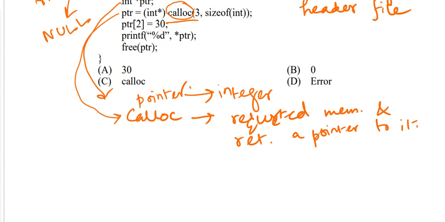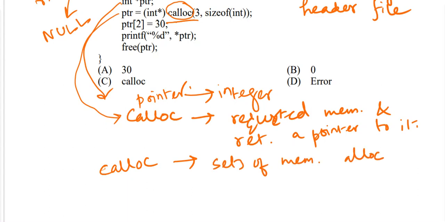In calloc, the allocated memory is set to 0.